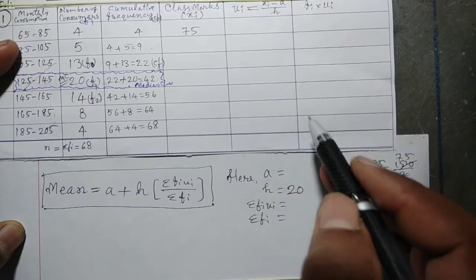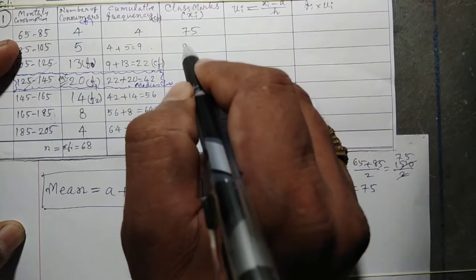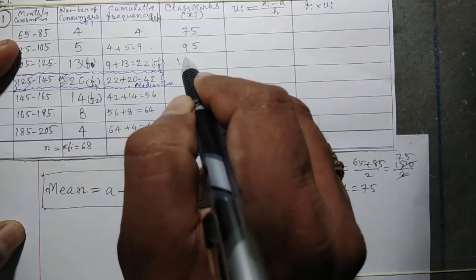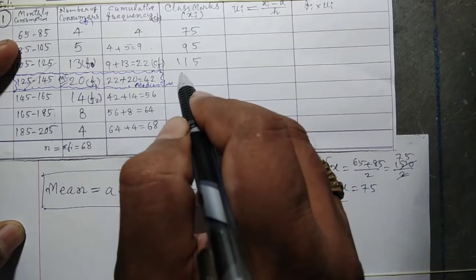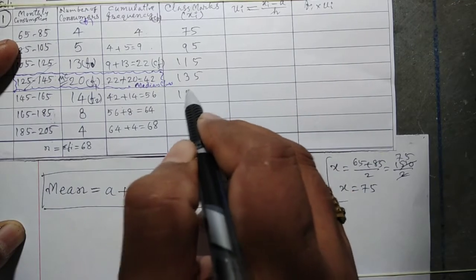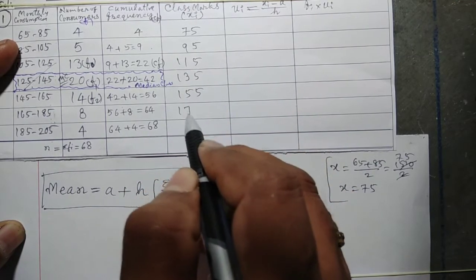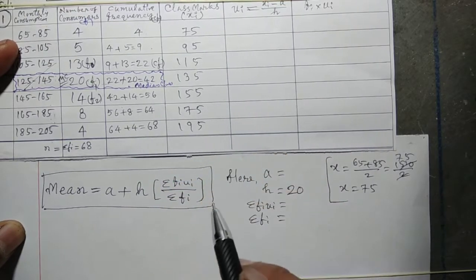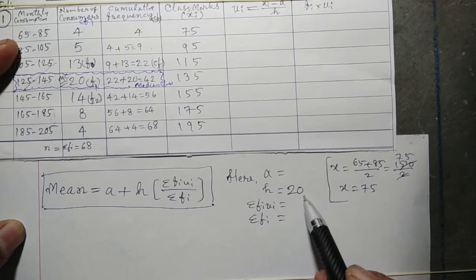we can calculate 95, 115, 135, 155, 175, 195. To find these, I added 20.